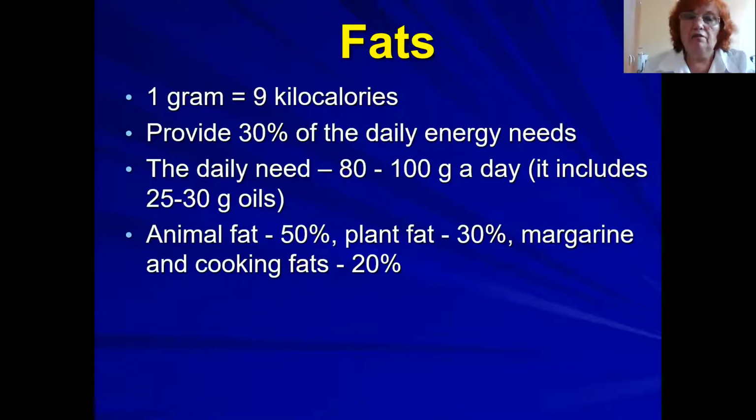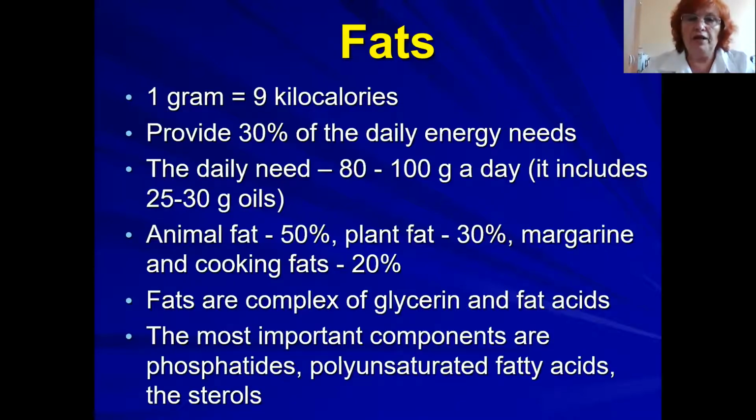Animal fat, 50%. Plant fat, 30%. Margarine and cooking fats, 20%. Fats are a complex of glycerin and fatty acids. The most important components are phosphatides, polyunsaturated fatty acids, and sterols.